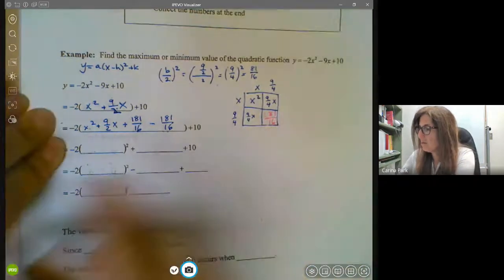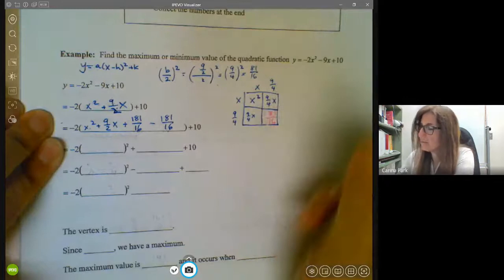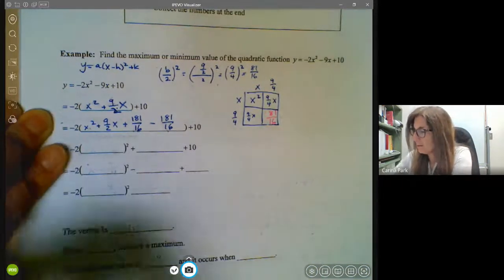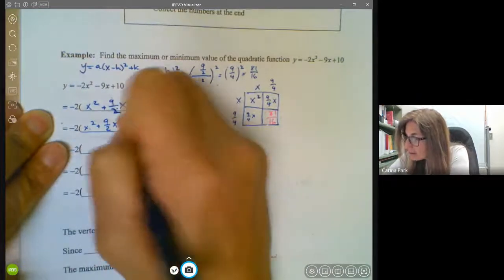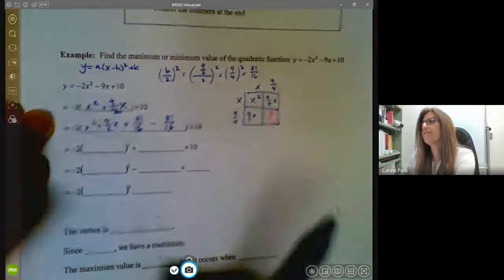There's that number. Sorry, did I write 181? I meant 81. 81 over 16. Okay? And I don't know why I wrote this. Okay. All right, all fixed.